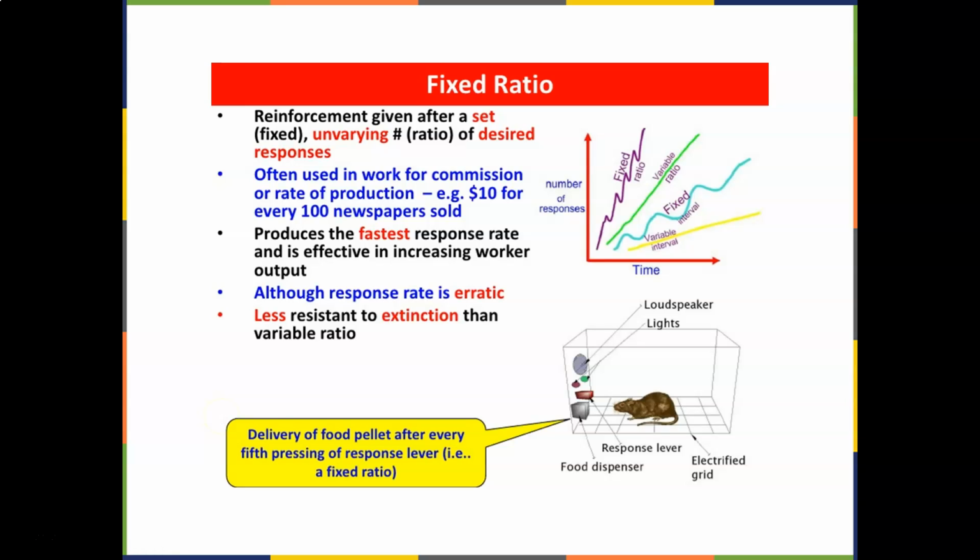Take for instance, this mouse right here was fed a food pellet after every single fifth pressing of a response lever. So that's why it's called fixed ratio. Every fifth time a behavior is exhibited.